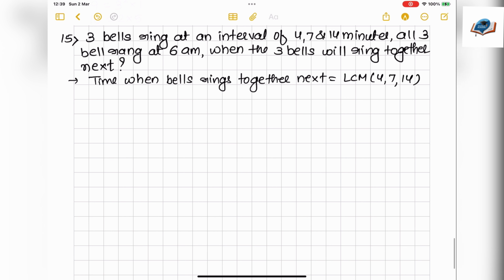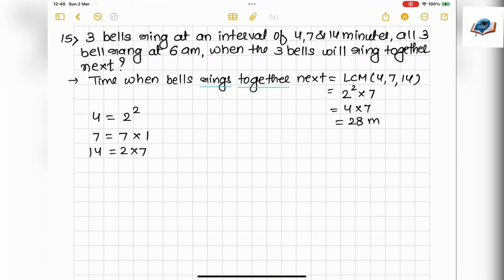So if I want to find that, 4 I can write as 2 square, 7 as 7 into 1 and the third one was 14, so 2 into 7. So if you see carefully, it will be 2 square into 7. So that is 4 into 7, that is 28 minutes.